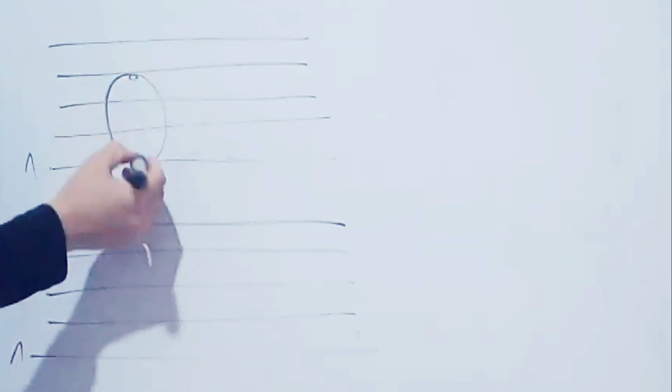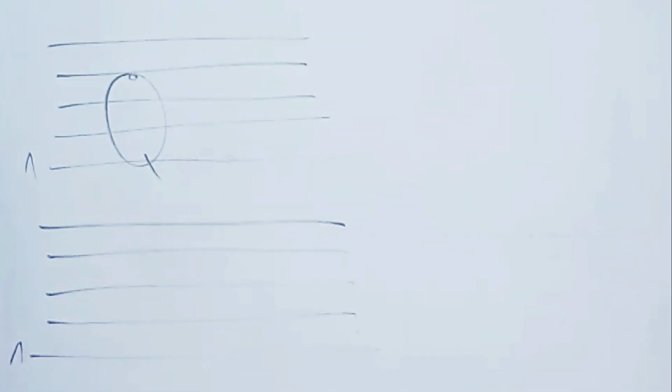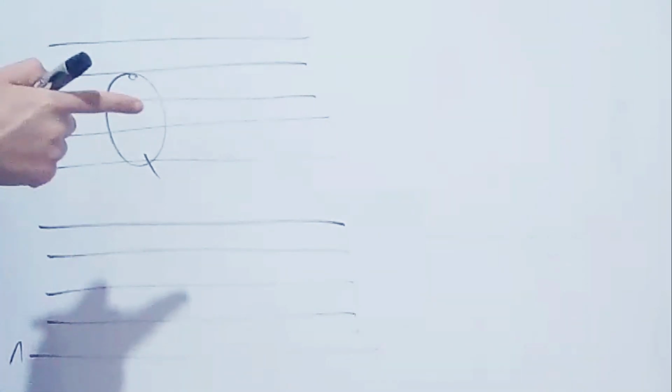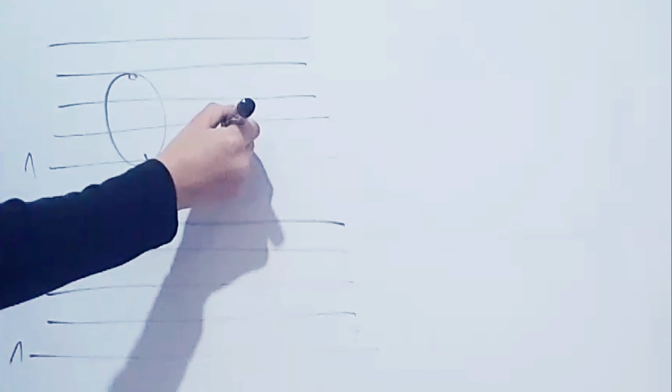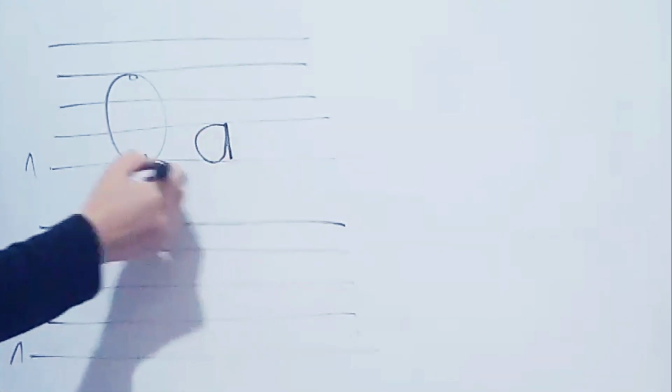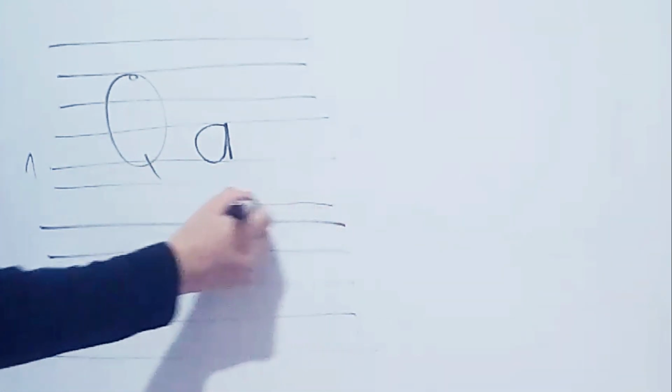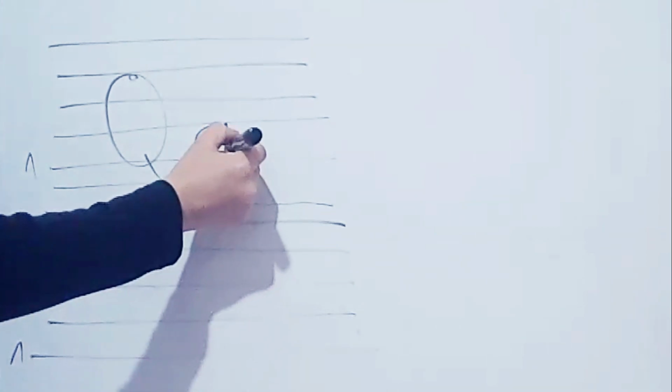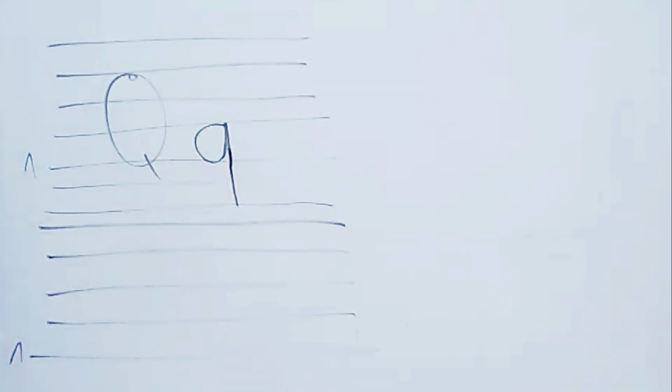The capital letter Q. This is how we write it. This is the Q letter. Now, the small letter Q, it's like this. And we draw two lines to go down.